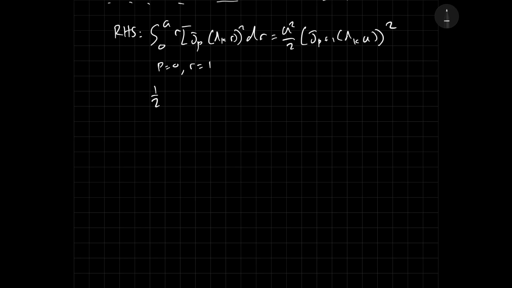1/2 of j0 lambda k squared plus 1 minus 0 squared over lambda squared k, which is equal to 0. So you can remove that. j0 lambda k squared.